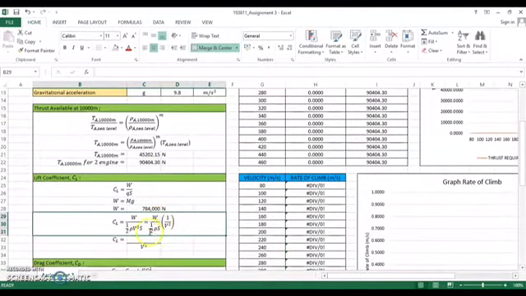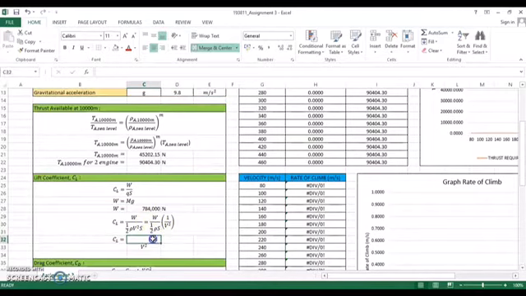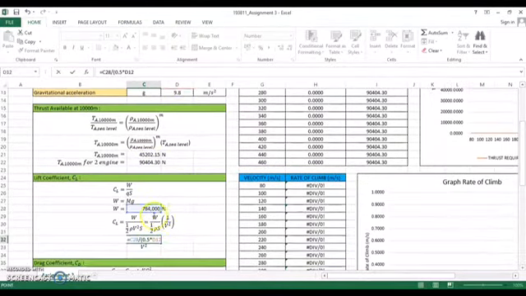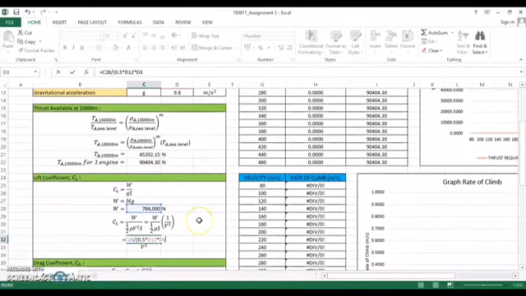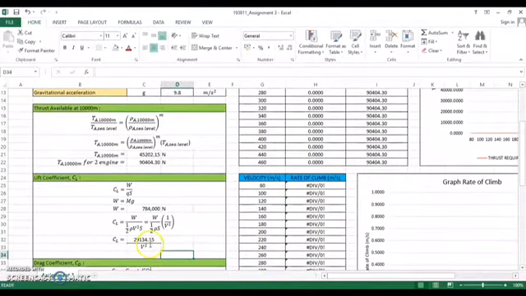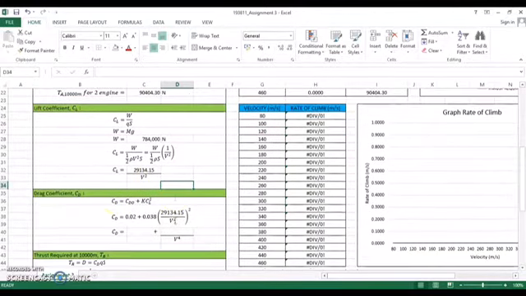And you include this into this equation, which is weight divided by 1/2, which is 0.5, multiplied with the density and multiplied with the wing area. And you will get the answer, which is divided by v squared.